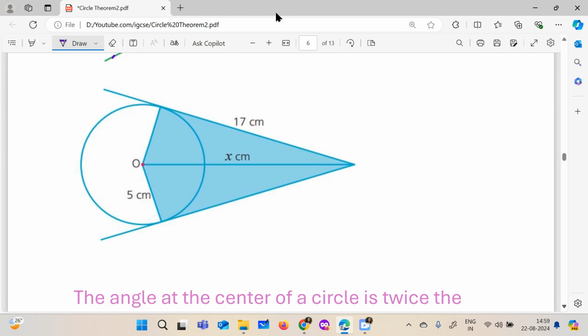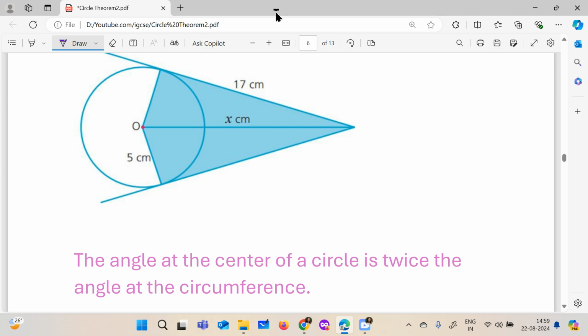Now this is another good question. You can see tangents from an external point, right? As soon as you see two tangents from the same external point, you remember that they are the same in length. So if this is 17 centimeter, this is also 17 centimeter.